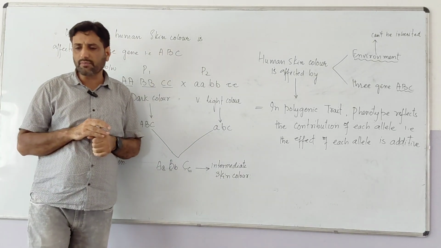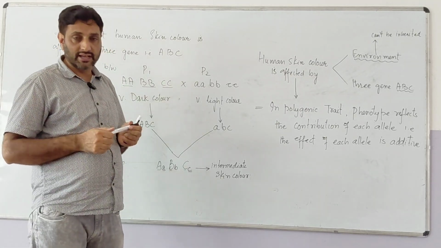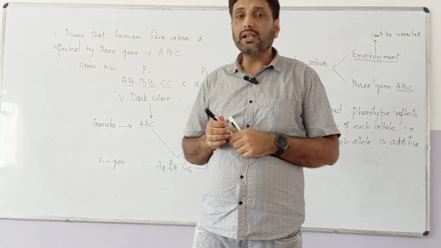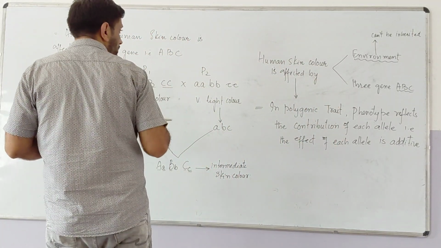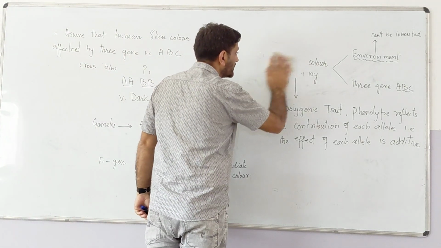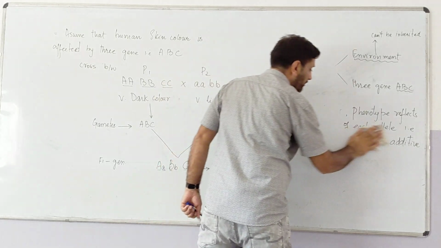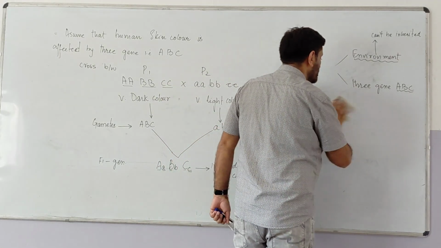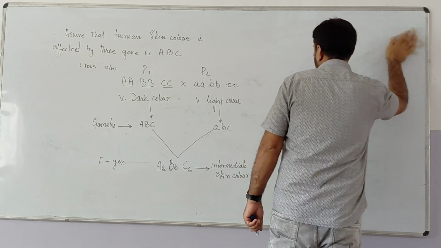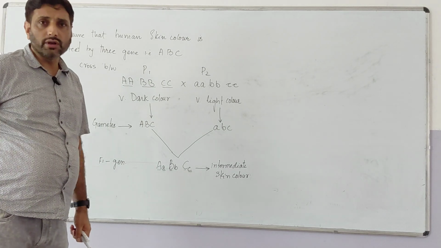Let us see that the number of each type of allele in the genotype determines the darkness or lightness of the color. This inheritance can also be called quantitative inheritance. So we can see this polygenic inheritance is also known as quantitative inheritance, in which we are just considering the number of dominant alleles and the number of recessive alleles. On the basis of the number of dominant alleles or recessive alleles found in an organism, it will exhibit its own character.